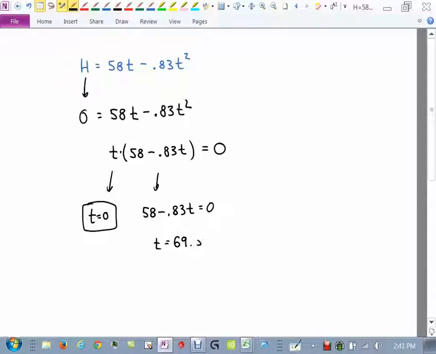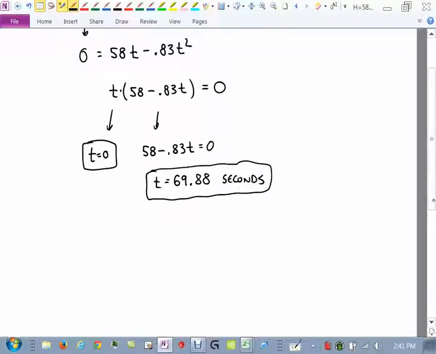That does not seem right, but it is. 69.88 seconds. Doesn't seem like that arrow could be in the air that long, but hey, this is a word problem. It's made up. And then finally, part D is what's the velocity when it hits the ground?